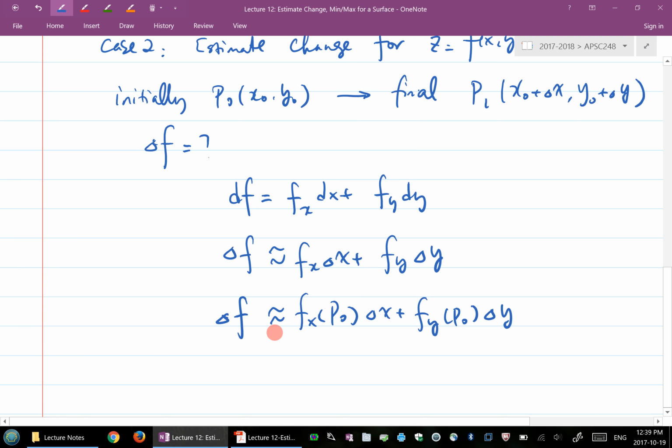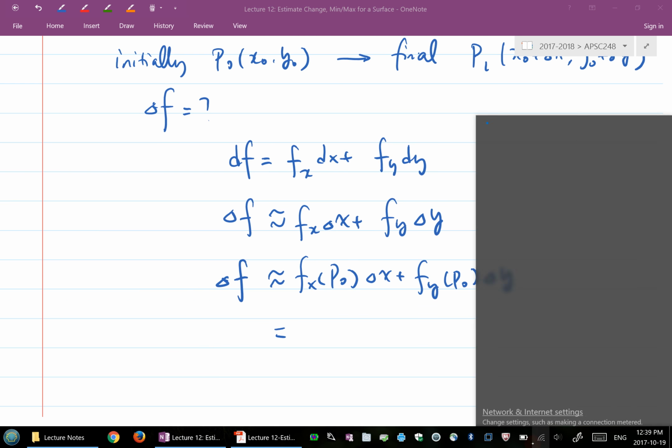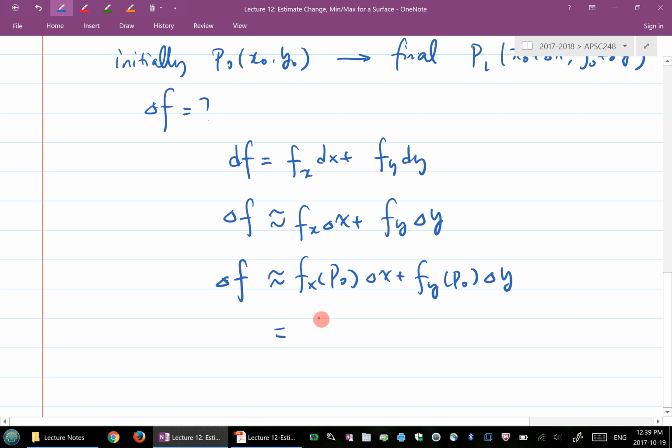And this formula, you can write in a dot product format, which is gradient of f dot the vector delta x, delta y. So that could be shortened in a dot product format. Good?